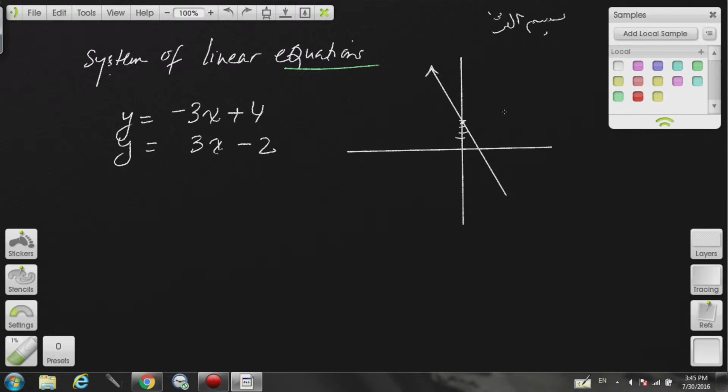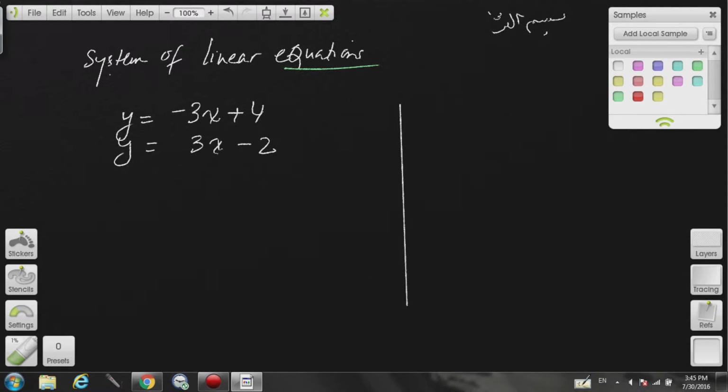So when you're given a system of linear equations like this, however, there are three possibilities, correct? If you're given two lines, one possibility is that they are parallel to each other like this.